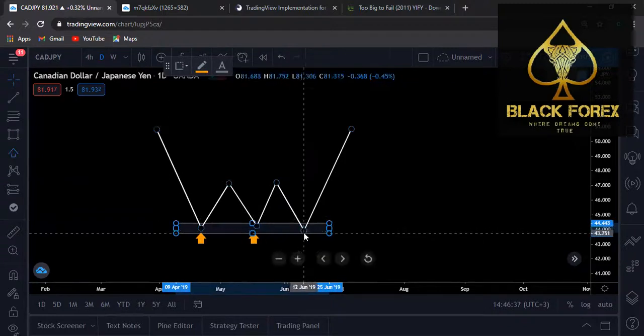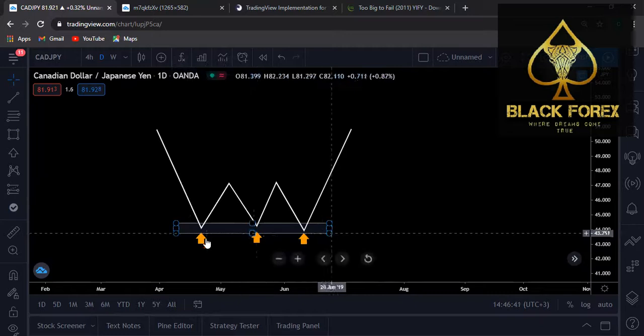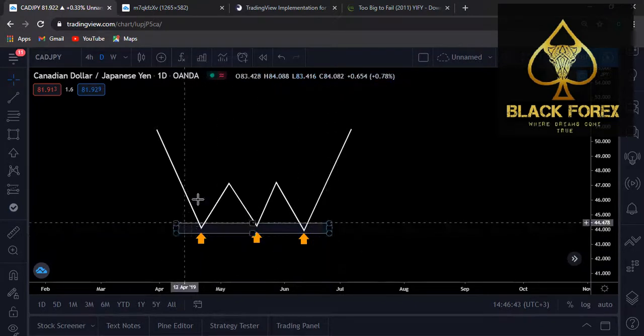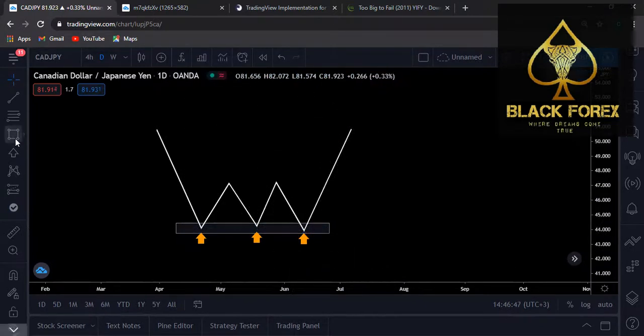It's kind of similar to the double bottom, but this one actually has three bottoms. So it touches the market structure three times before actually pushing higher.